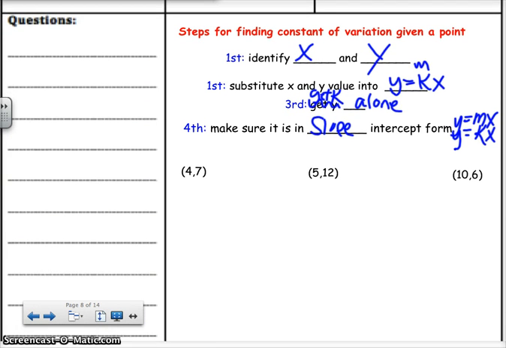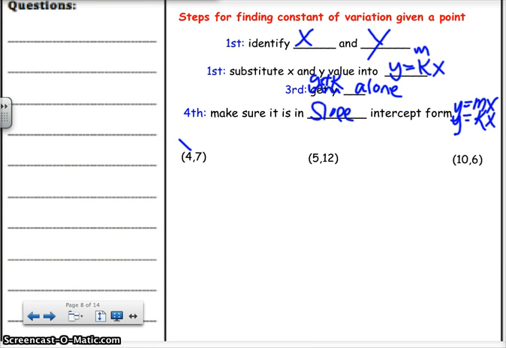Okay, so I identify my points. I write what it should look like since it's a proportional relationship. I know it's going to look like y equals kx. I'm not going to have a b involved. I substitute. 7 goes to the y. 4 goes to the x. I don't have my k or my m, so I'm going to solve for it. 7 equals 4k.